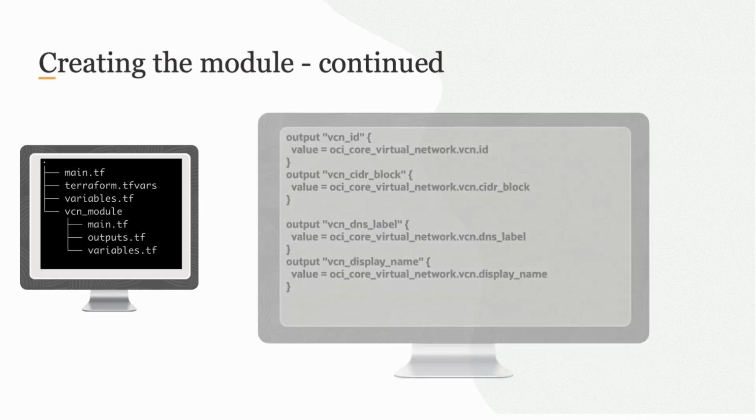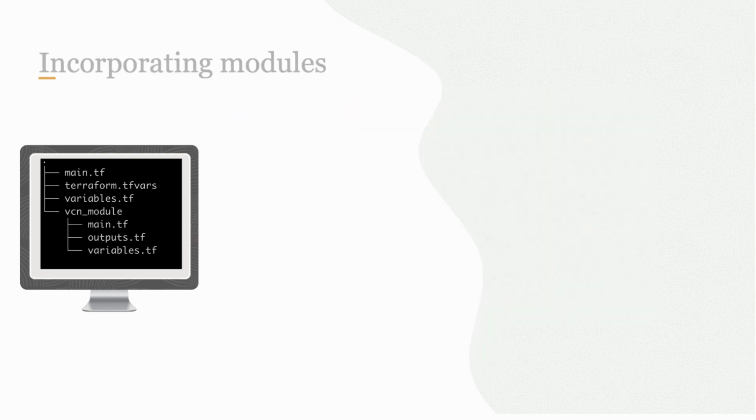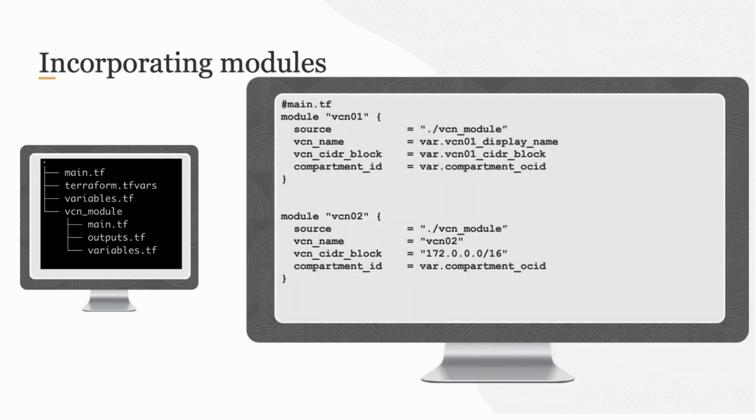Because of the scopes defined by Terraform, any information contained in a module can only be reused outside if you define an output for it. Here's the output file that we will use. Once the module is finished, it's time to configure the main.tf file to invoke the module and to create the resource. Now let's do it for real.